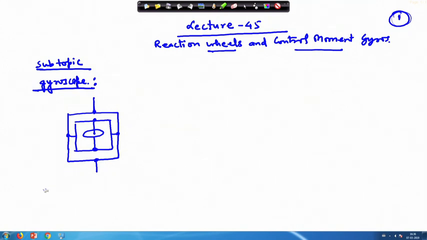Why we were discussing this is that we wanted to look into the behavior of a system which is nothing but a playing top.